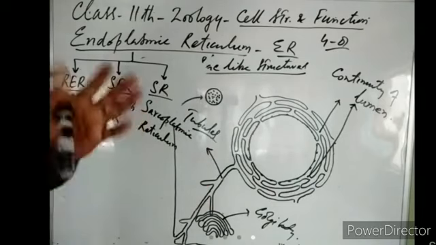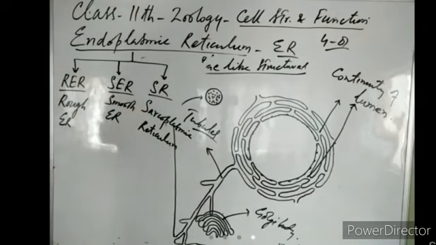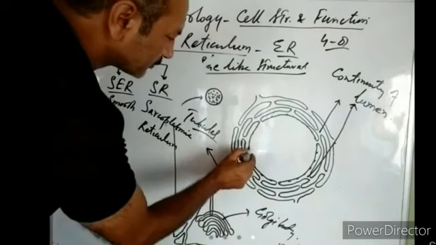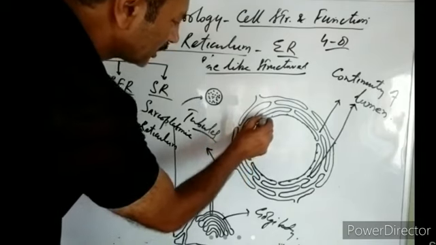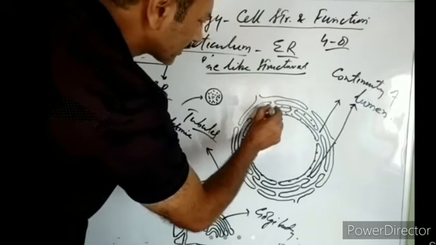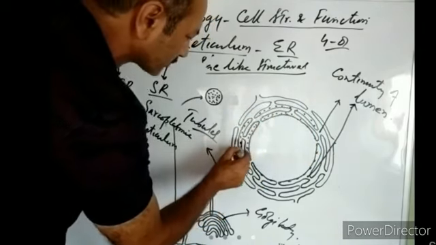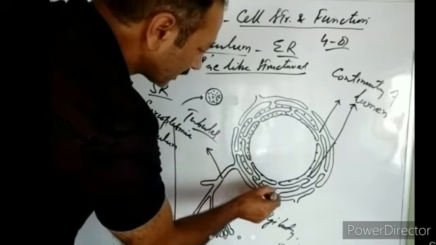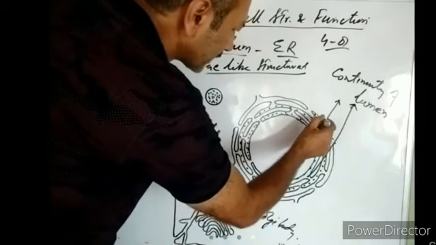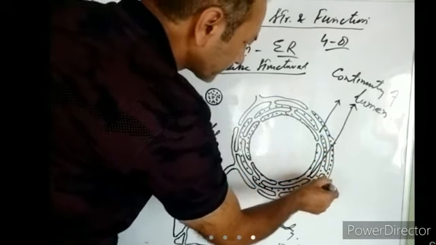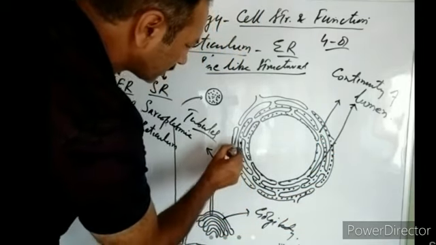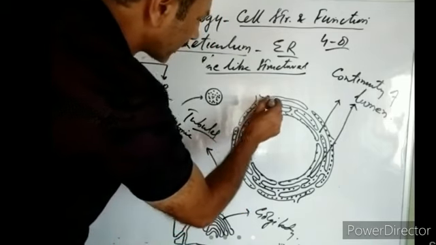That portion of endoplasmic reticulum which is studded with ribosomes, which has ribosomes on it, is known as rough endoplasmic reticulum.